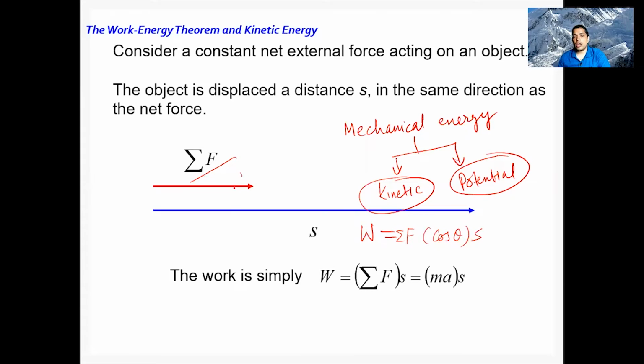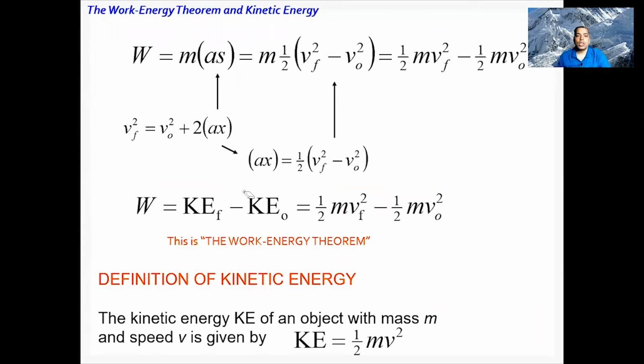Since F and S are in the same direction, theta is 0, so cosine 0 is 1. So you end up getting W equals summation F times S, right? According to Newton's second law, summation F is ma. That's why you have mas. All right. So work is mas, right? So that's what we did in the previous slide.